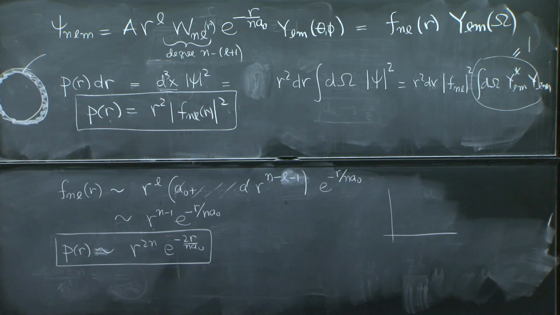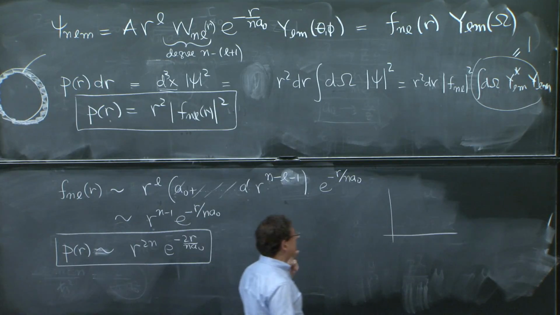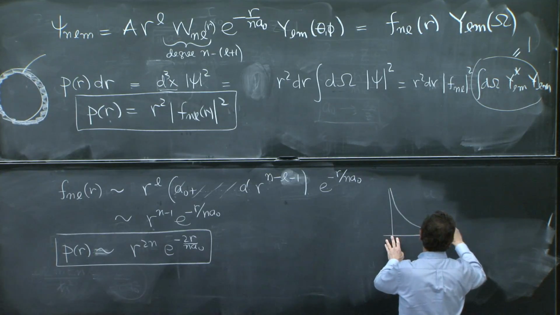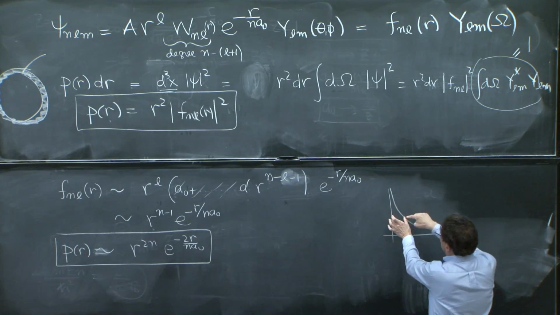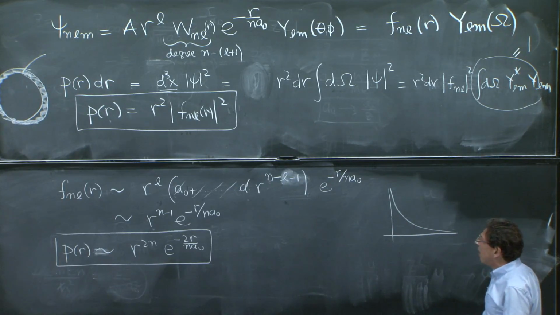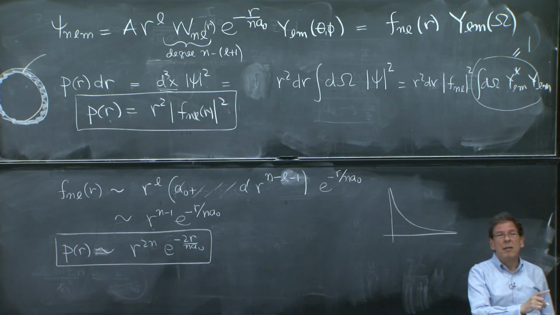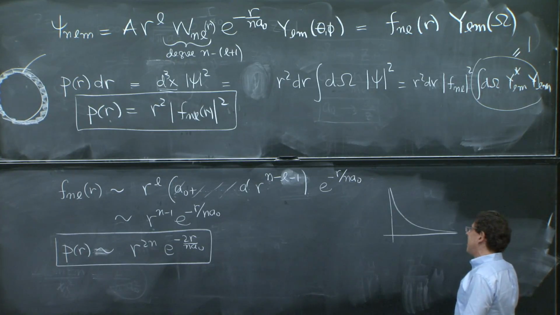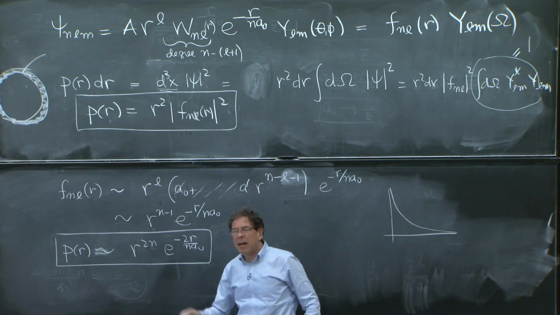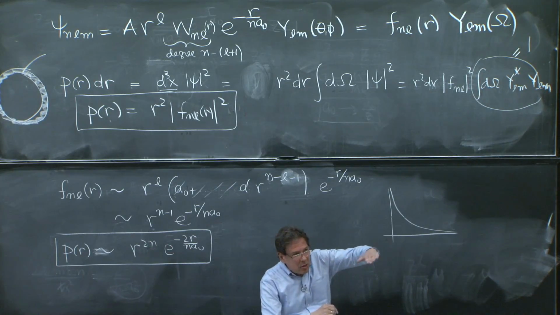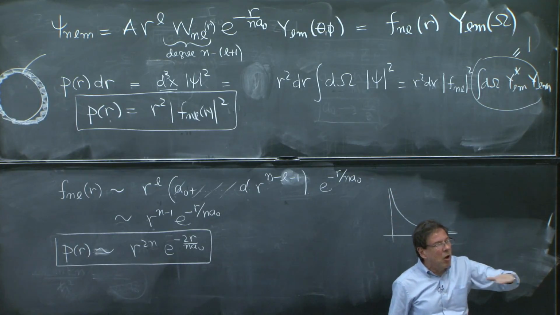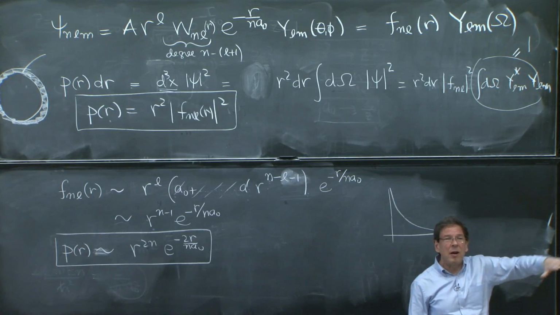And with this probability distribution, you see what's happening is that there is a fight between an exponential that has a typical length where it decays to half its value that is related to n a0, but the maximum is delayed because it's multiplied by a function that, the higher the value of n, the slower it is to take off. r squared takes off slower than r, takes off slower than r to the fourth.